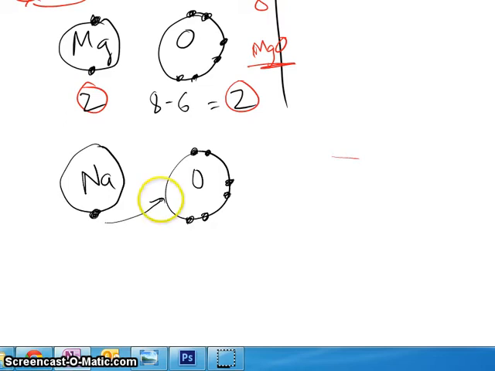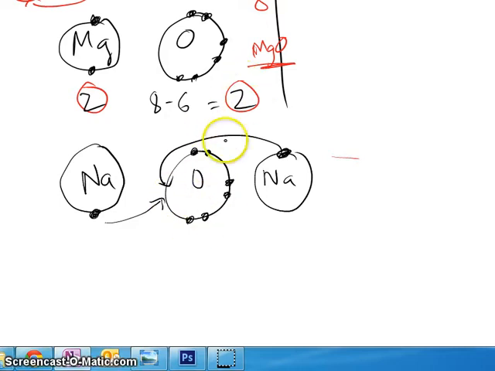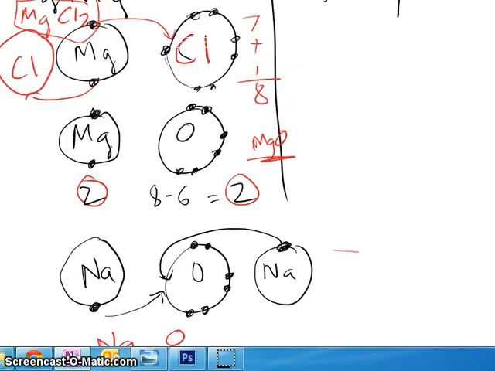So it will get another Na with 1 more electron to give to oxygen. Then oxygen can get 2 to complete the 8. So what you're going to have is Na, remember metal goes first, Na2O. See, that's how you get the number next to the ionic compound.